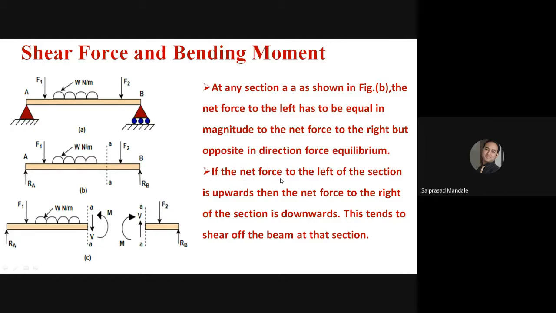If the net force to the left of the section is upward, then the net force to the right of the section is downward, and it tends to shear off the beam at that section.